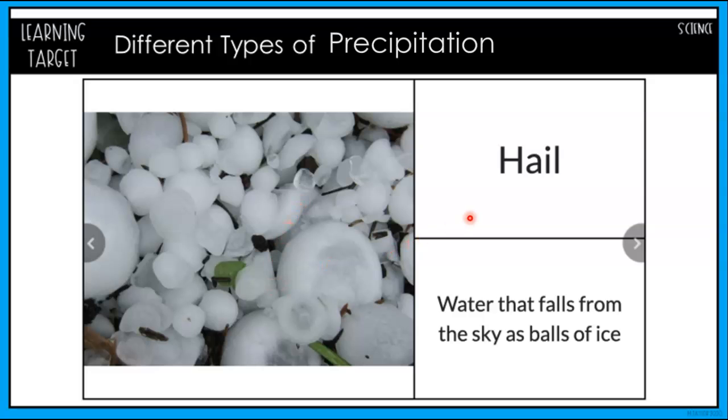Okay, good. Well, this type of precipitation is called hail. And hail is water that falls from the sky as balls of ice. So that's why we saw some ice mixed up in there too. And then some of it maybe is melting so it looks more like snow, or maybe it's not as cold so it looks more like snowballs. This is hail.